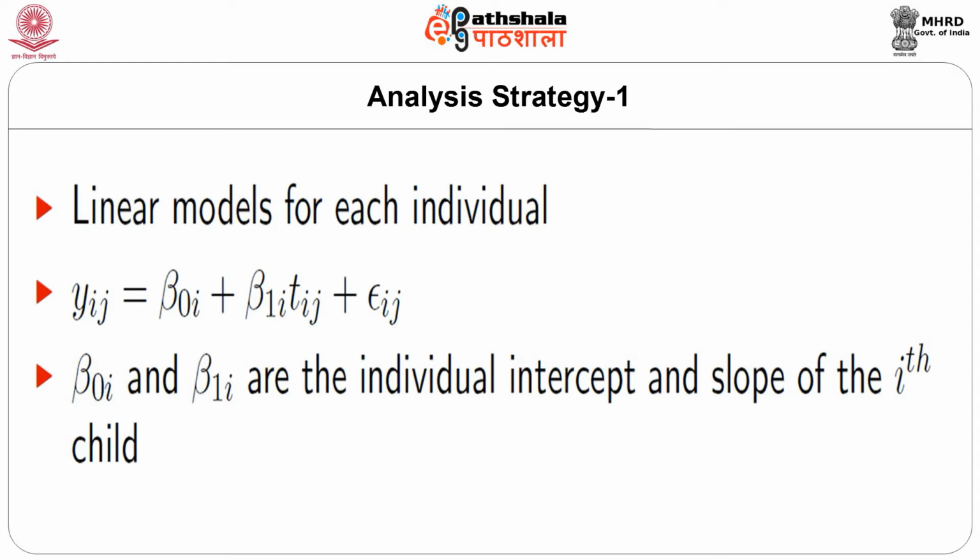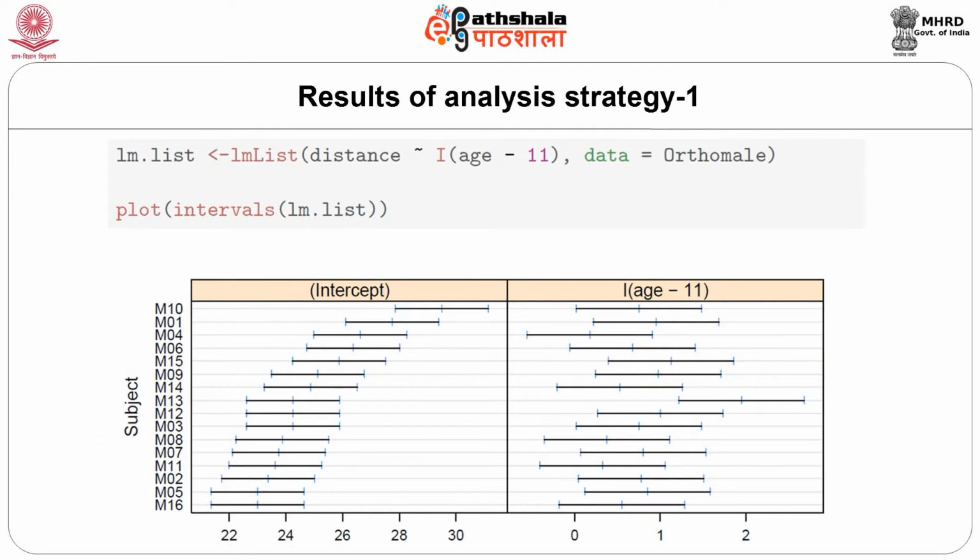We can fit this model very easily using the lmList function. So, what we would specify is lmList(distance ~ I(age - 11), data = OrthoMale), and I(age - 11) means to treat age minus 11 as one variable. What it does is it creates a new variable which is age minus 11 and subtracts 11 from all ages.